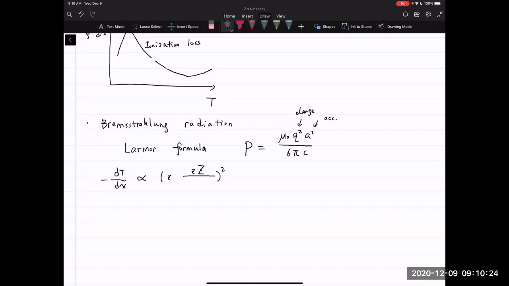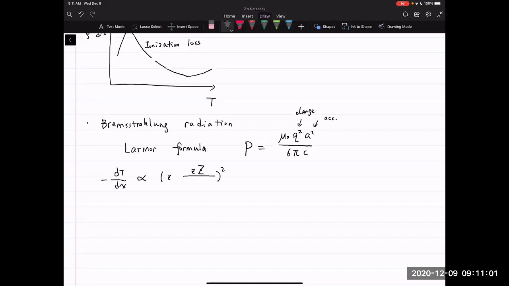This is used to describe the interaction between the charged particle and the nucleus through the Coulomb interaction. Of course, this process can also happen when the charged particle is interacting with the electrons. In that case, we replace this capital Z by just one electron charge, e, and there will be no capital Z dependence. Because of the square dependence, the interaction between the charged particle and the nucleus is much more significant than the interaction with the electrons. The force is proportional to the product of the two charges and a constant.